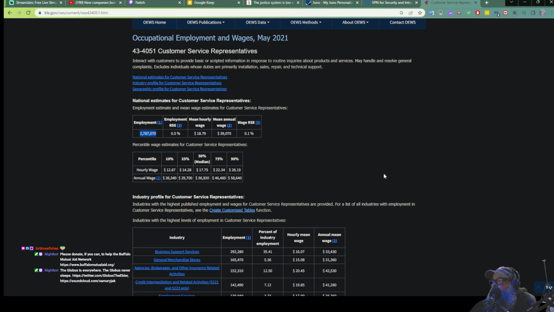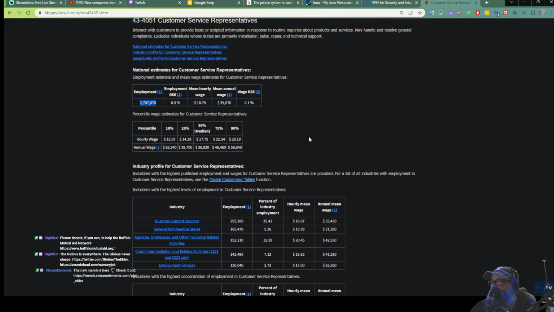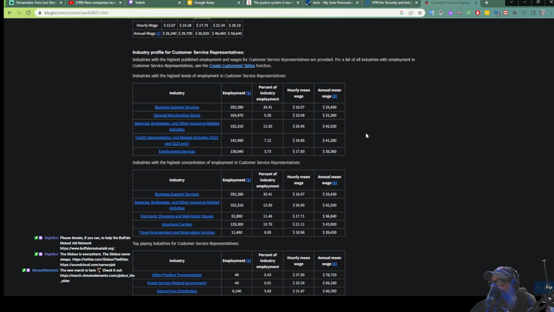And this is just the U.S. You know, a bunch of CSR work is outsourced. But this is what we're talking about. We're talking about the United States.